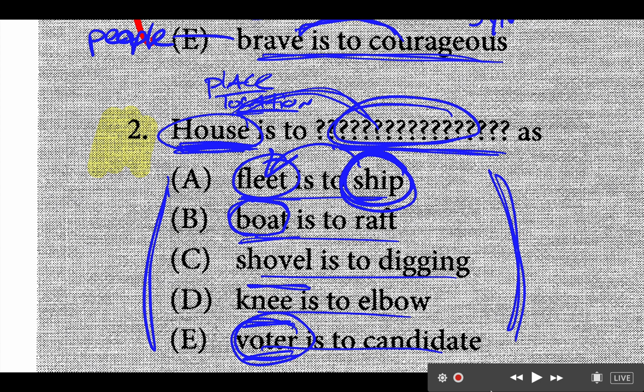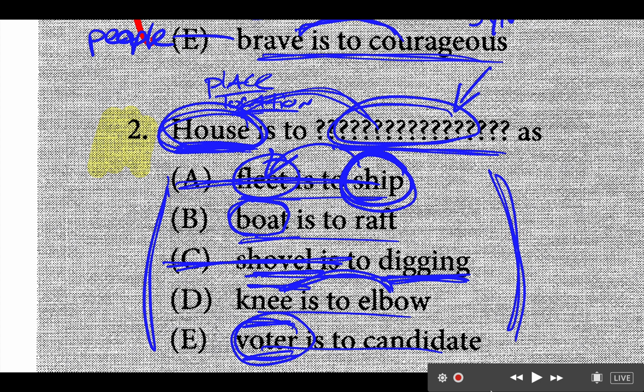There's not anything like a group of blank is a house, so that one's out. Shovel is a tool that's used for digging, but house isn't a tool that's used for something, so that one seems to be out. Knee and elbow are both parts of something larger, and ideally the part of a human.